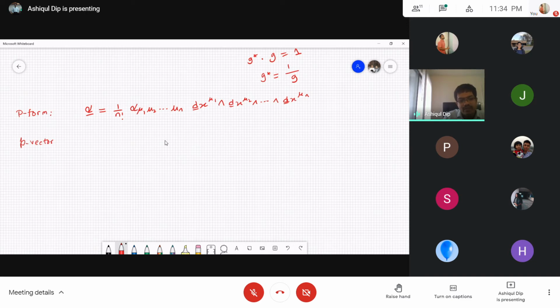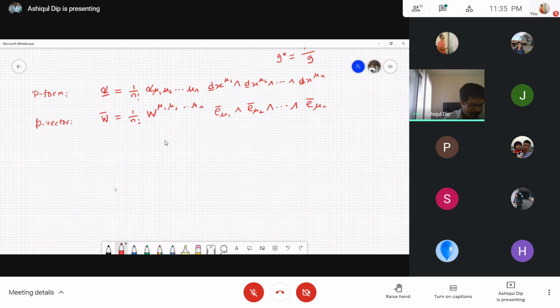A P vector, let's call it P vector W, can be written as 1 over P factorial W mu1 mu2 up to mu P, then E mu1 wedge E mu2 wedge up to E mu P. Then the wedge product we have learned. So what are the properties that the wedge product satisfies?